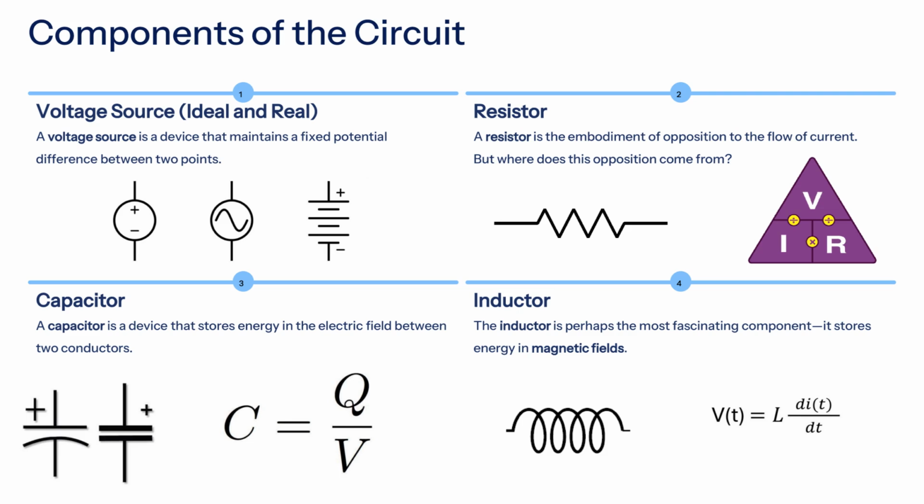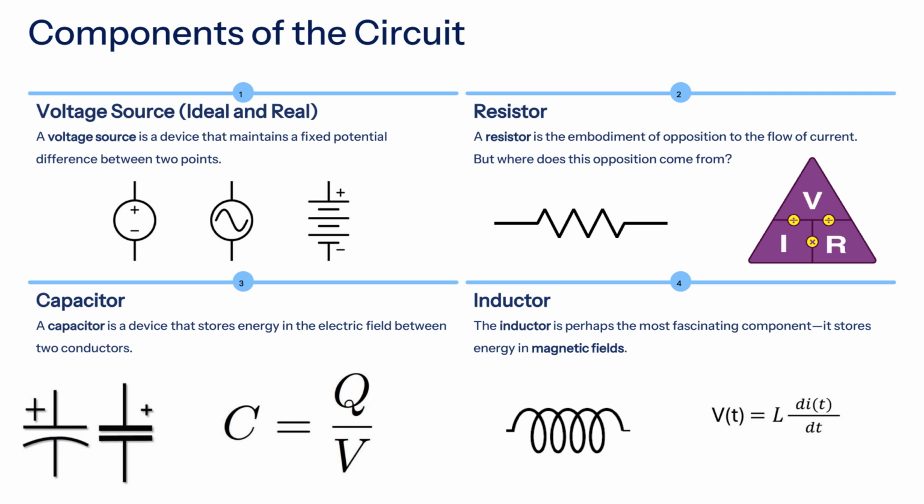Now let's talk about the capacitor. A capacitor is a device that stores energy in the electric field between two conductors. Physically, when you apply a voltage across two plates, electrons accumulate on one plate and deplete from the other. This creates an electric field, and an electric field stores potential energy. Unlike resistors, capacitors don't dissipate energy, they store it. That's why they're used in filters, timing circuits, and memory systems.